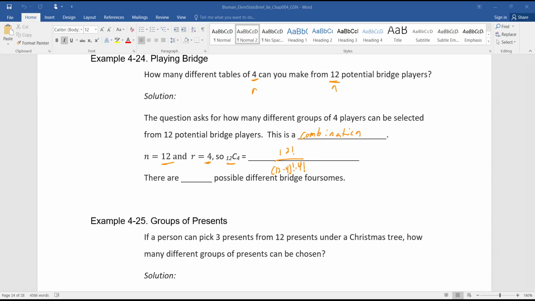And again, I'm just going to go back to my calculator to perform this. So that's going to be 12 factorial, 12 minus 4, times 4 factorial.